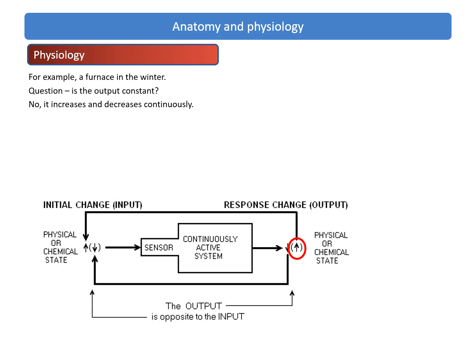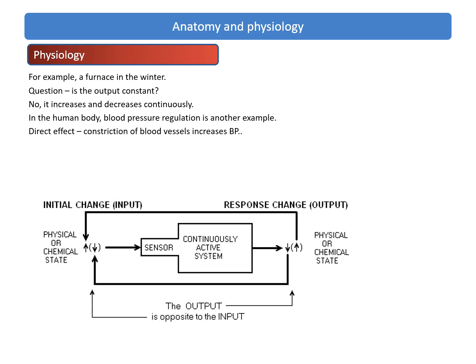The rise in temperature is sensed by the sensor, the thermostat, and it turns the furnace down. The furnace produces less heat. The temperature drops. The drop is then sensed by the thermostat to turn the furnace on once again and raise the temperature back up to where it was. In the human being, blood pressure regulation is another example.